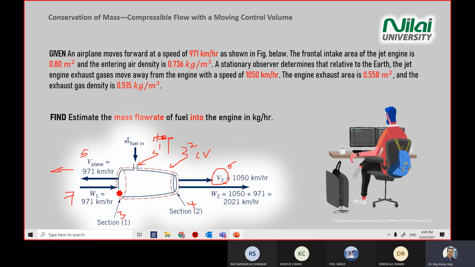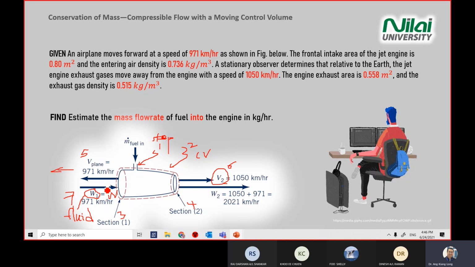The velocity will be sucked into the engine. The fluid is going in. Again, this W will deal with the fluid, not the plane. So V, the plane, is moving forward to the left. However, the air is going into the engine. So change the previous capital V into W in this example.